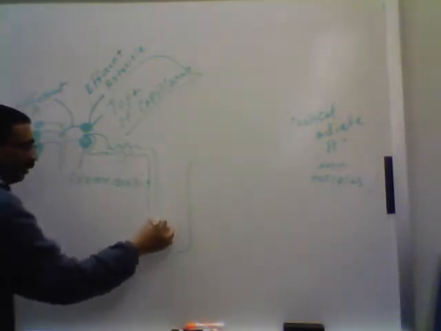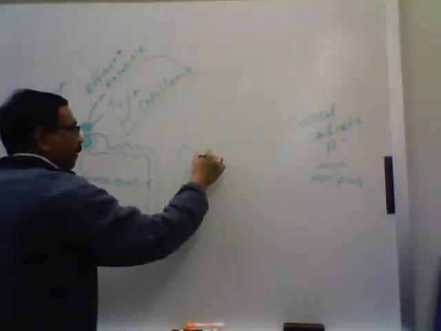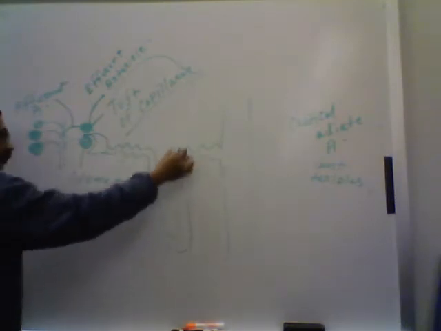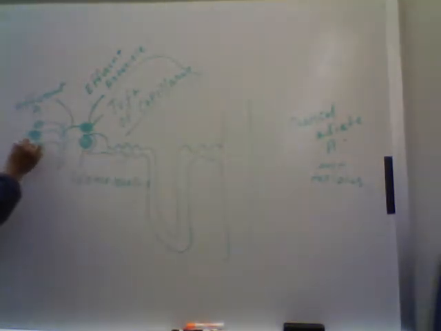Now I'm drawing in nephron. So this is the nephron. So from each glomerulus, a nephron starts like this. Okay, and another one starts here. Another one starts here.